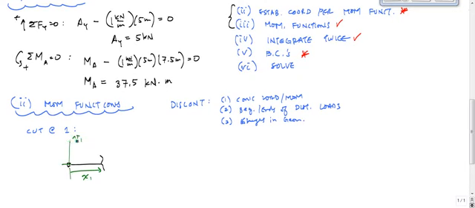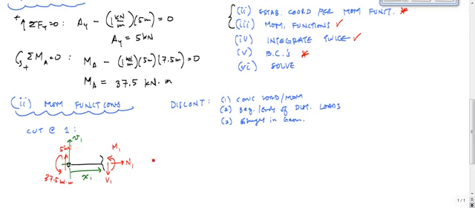Here is V1 upwards. I have an internal moment, which I will say is internally positive, M1, which is a function of x. I have a shear and a normal, which I don't care about. And then here I have my MA, which was 37.5 kilonewton meters, and AY, which was 5 kilonewtons.